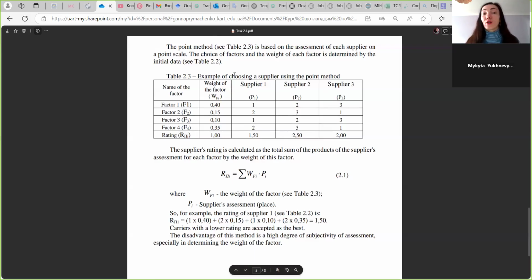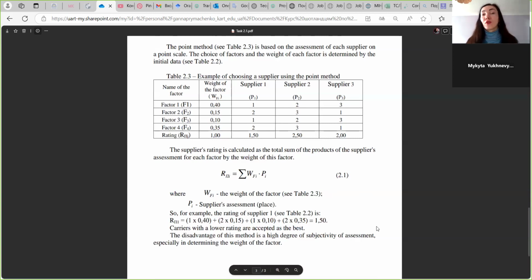So for the second supplier, 2 multiplied by 0.40 plus 3 multiplied by 0.15 plus 2 multiplied by 0.10 plus 3 multiplied by 0.35 and continue for our 5th and 6th factors. We could write the value of this rating here on our last line near every supplier. So we need to calculate this formula ten times.